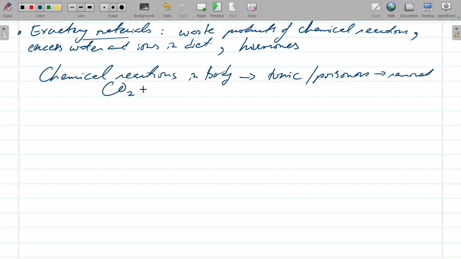CO2 in the blood is toxic. You don't want it there, and so it's removed when you exhale, for example. And it's coming from the breakdown of glucose. We've studied this. We know the equation. Glucose is broken down in aerobic respiration, and you get carbon dioxide.